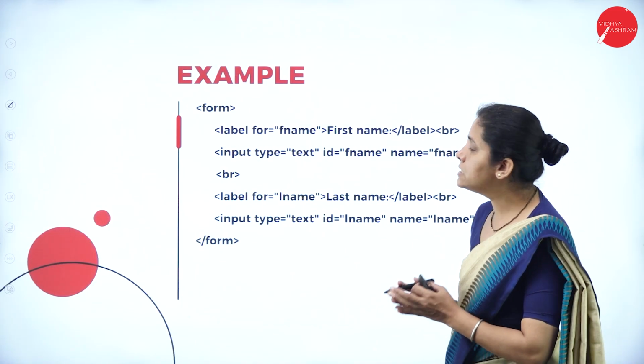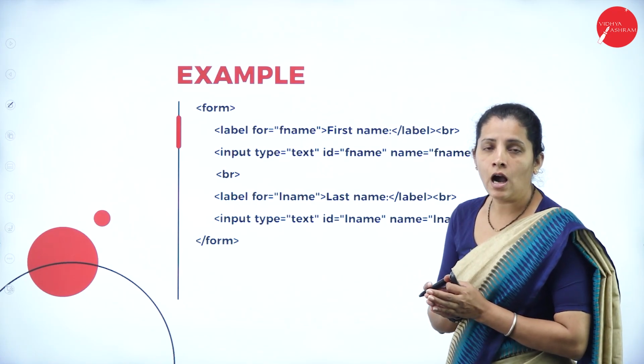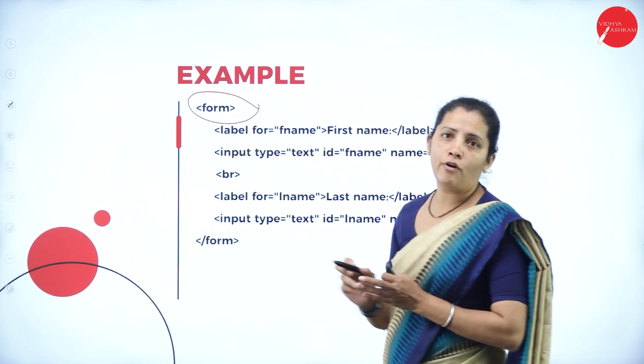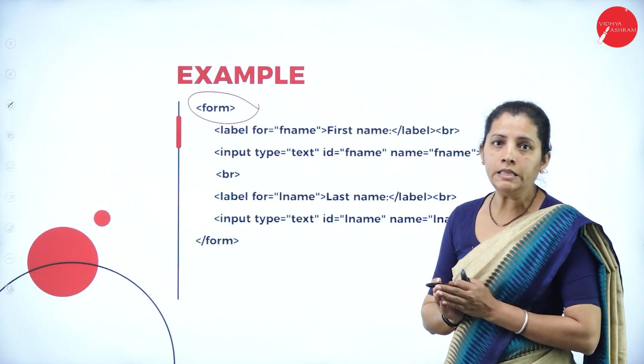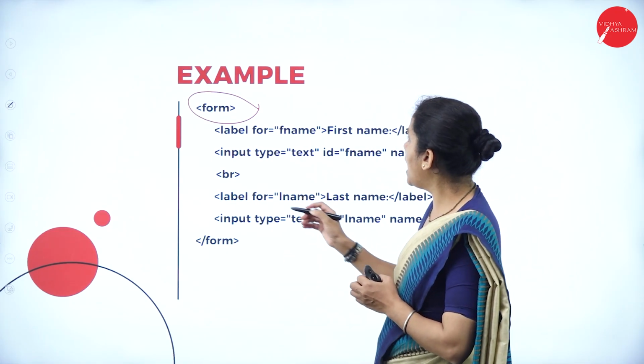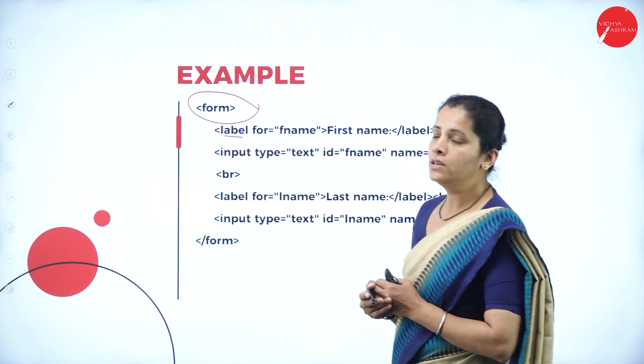Okay, fine. Let's see a simple example of how to create a form. To create a form, I'm going to start with the tag called form. Then I must have a label.